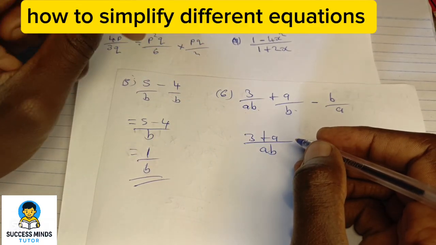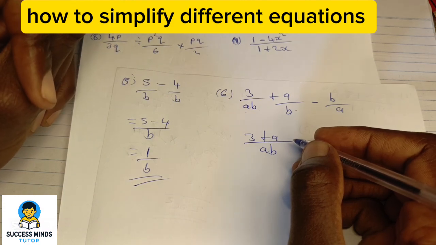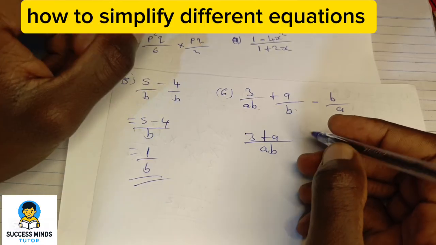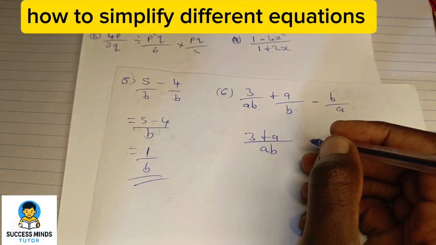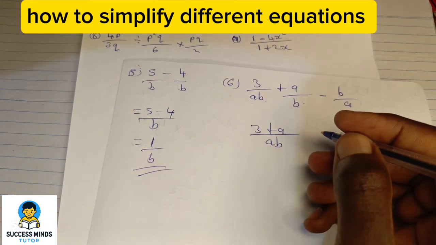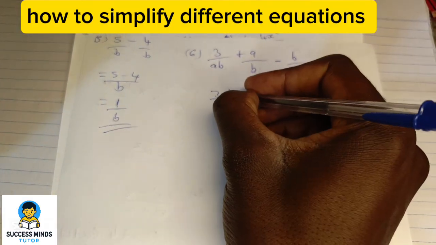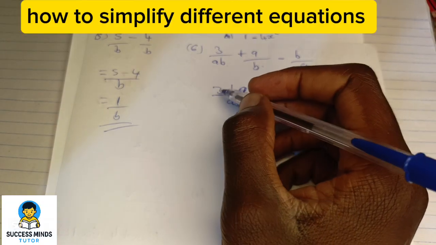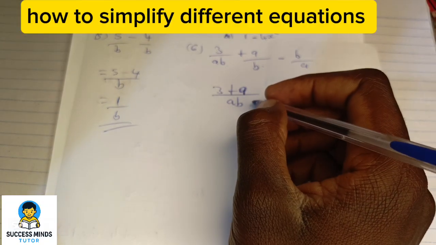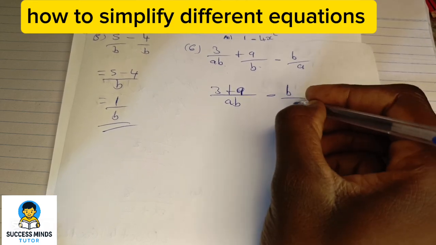Okay, guys, are we together on this question? So we say b, we have b there, so 3 plus 9, we don't leave that there, that is b over a.